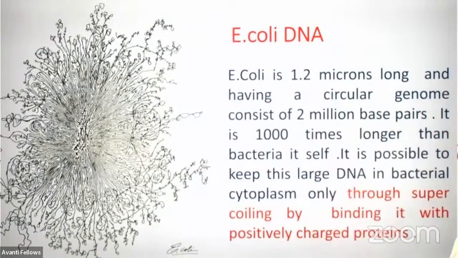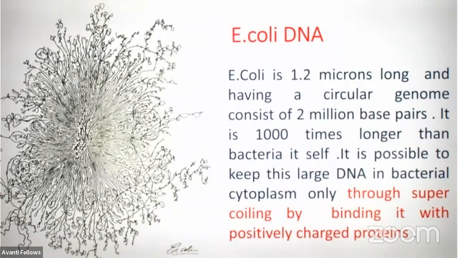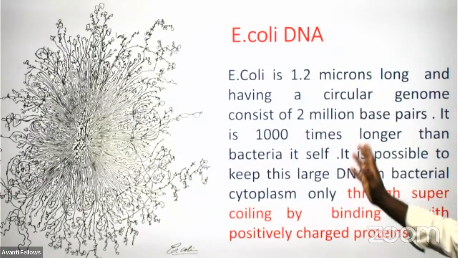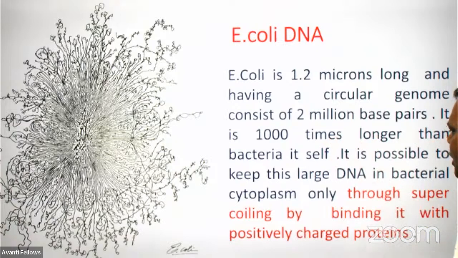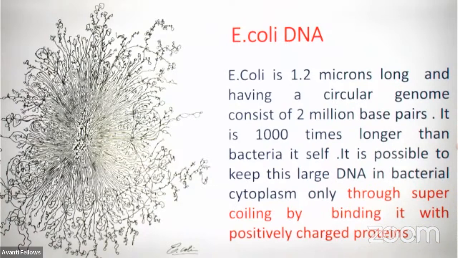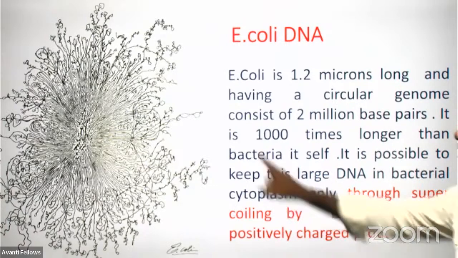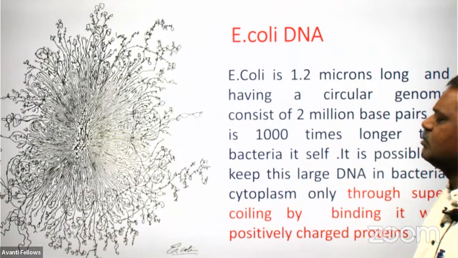See, in E. coli, 1.2 microns long, this DNA, having a circular genome, consists of 2 million base pairs, and it is 1,000 times longer than the bacteria itself. It is possible to keep this large DNA in the bacterial cytoplasm only through this supercoiling by binding it with the positively charged proteins.